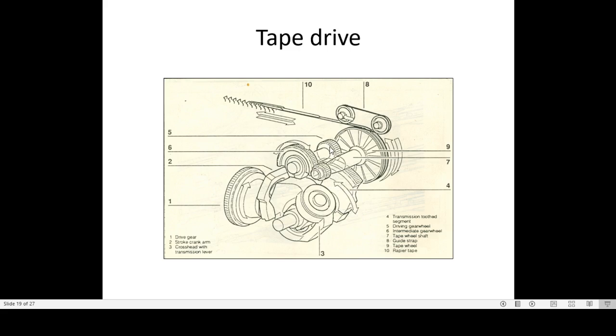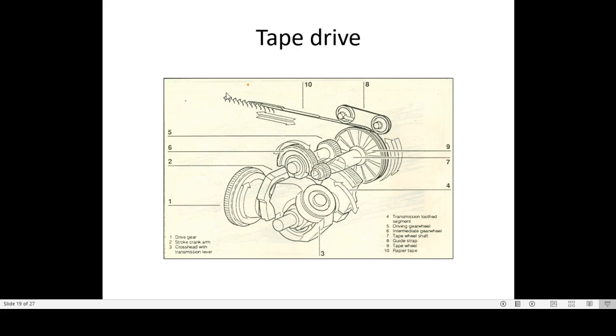So the fifth gear moves clockwise, anti-clockwise, the sixth gear clockwise, anti-clockwise, and this wheel moves clockwise, anti-clockwise. Like this the drive goes, the rapier goes forward and backward, and the guiding strip guides the rapier on the wheel. This position is called the wheel housing, flywheel housing.